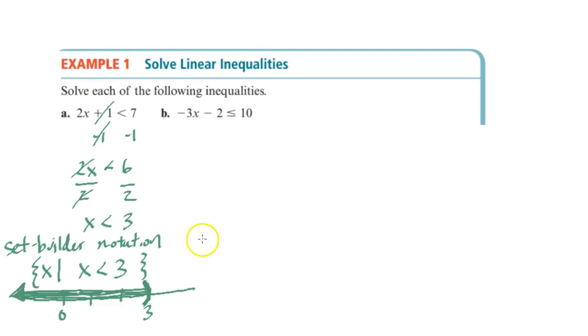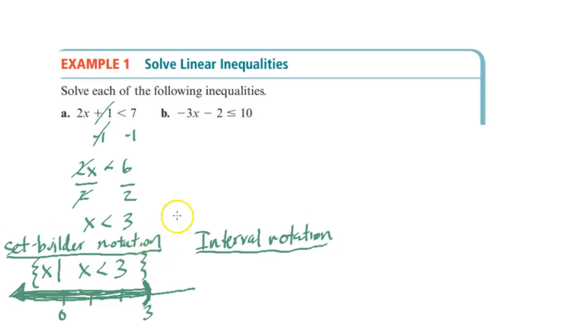So there's also interval notation. You can look at this and see that this is going from negative infinity, over in the left forever. We write it from left to right, from smallest to largest.